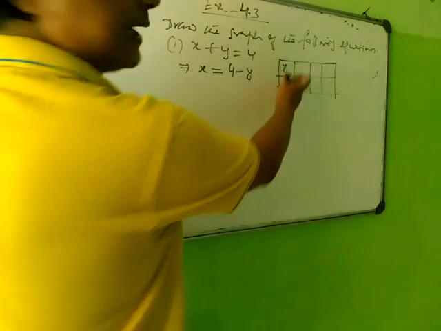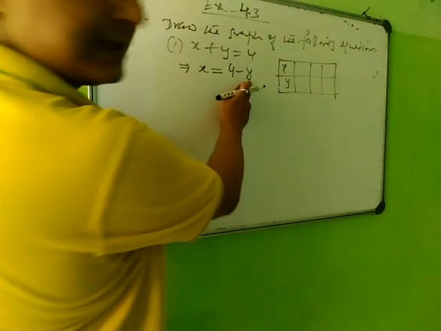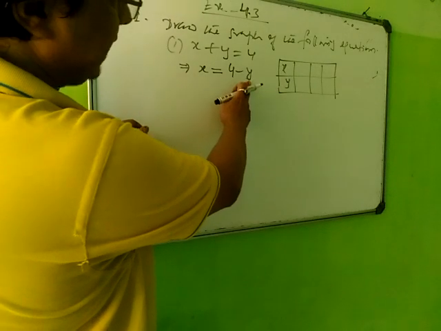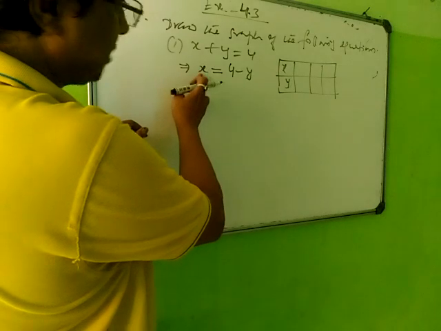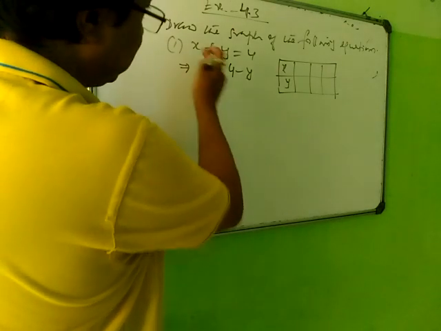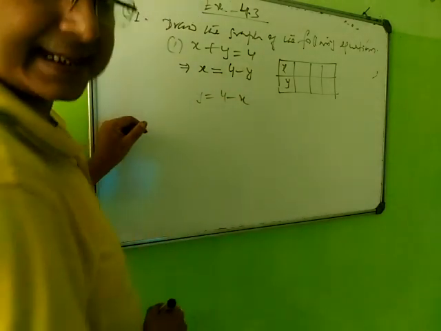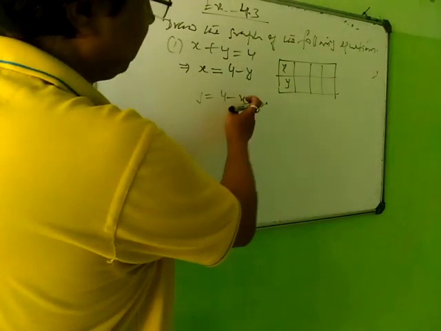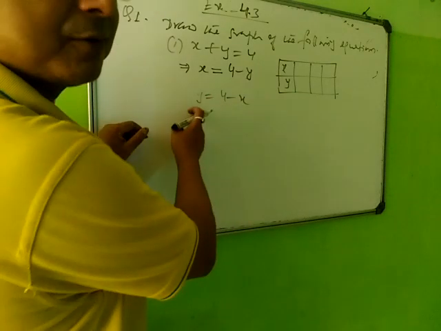It is x and y, not yx. Now first you will take the value of y, and by doing the calculation you will get x. So that is why first you take y, or else you can take y equals to 4 minus x. In that case you will first take x, and by doing it you will get the corresponding value of y.